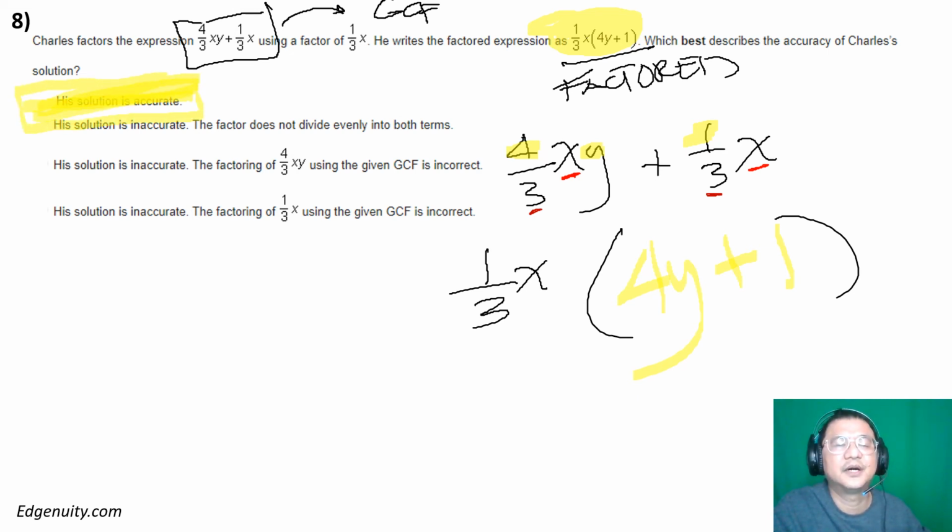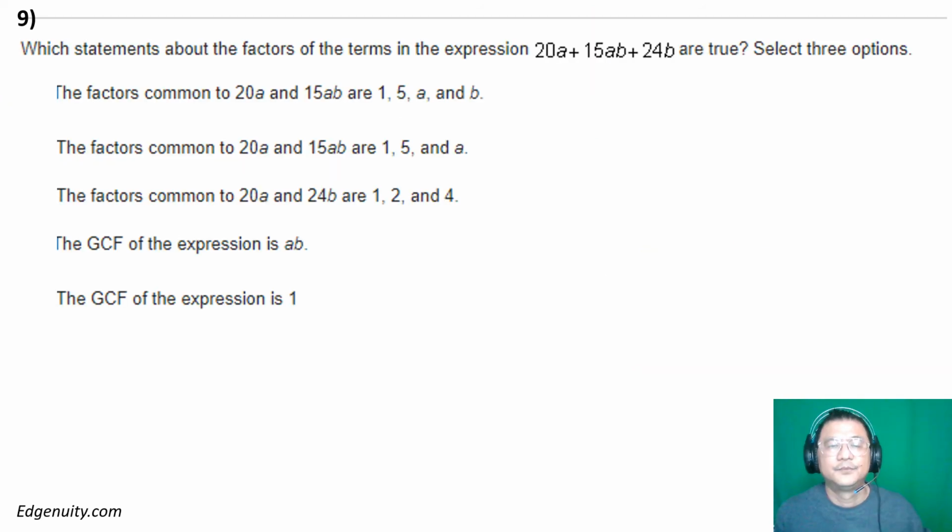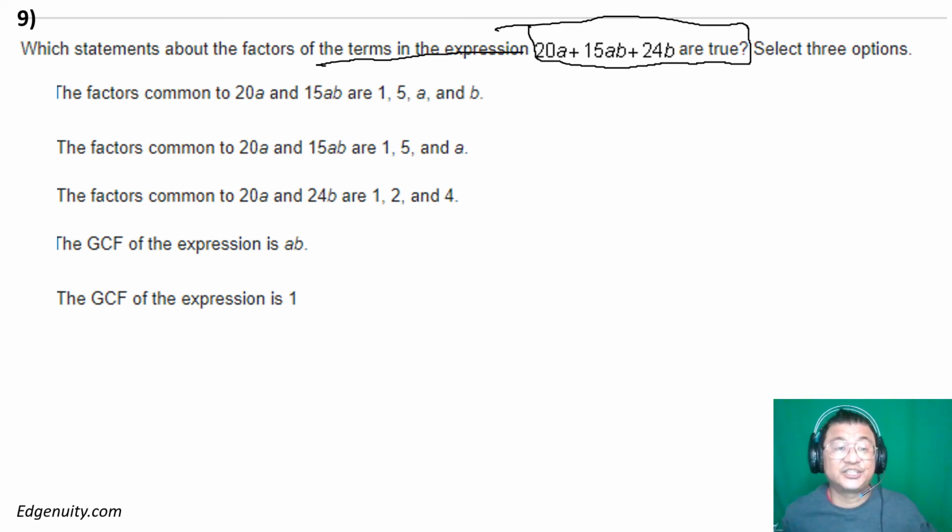So that's our answer. Which statements about the factors of the terms in the expression, let's look at this, are true? So we look at each situation. The factor is common to 20a and 15ab. So just these two. We're not comparing all of them, only these two. I could divide 20 and 15 by 1, yes.